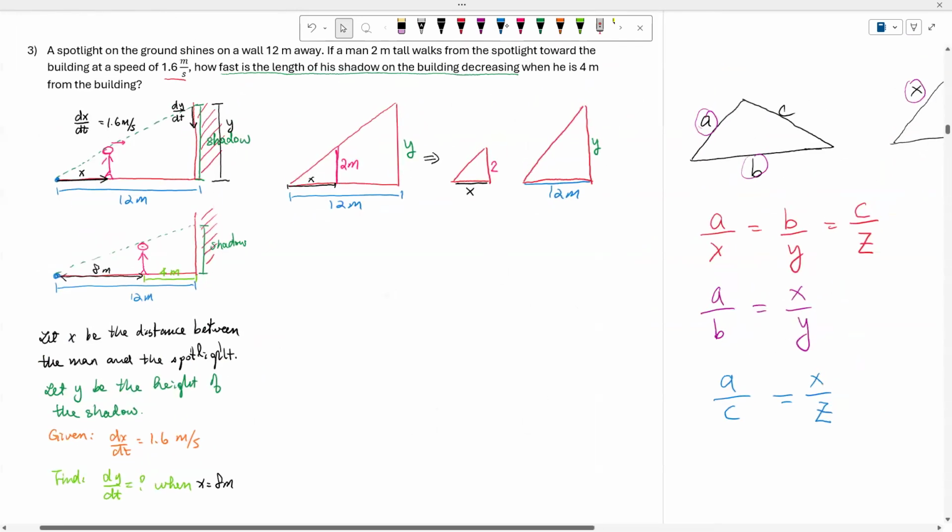Now for this problem, we would like to find dy/dt. This is what we are looking for. So let us work with the ratio, starting with y: y to 12 is equal to 2 to x.